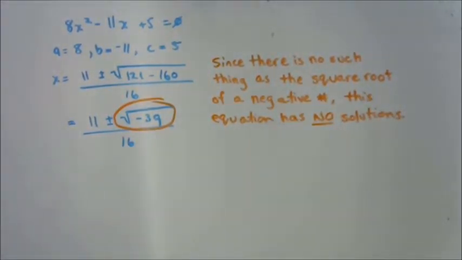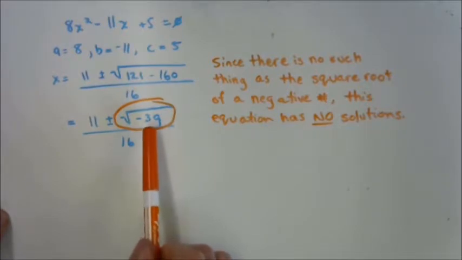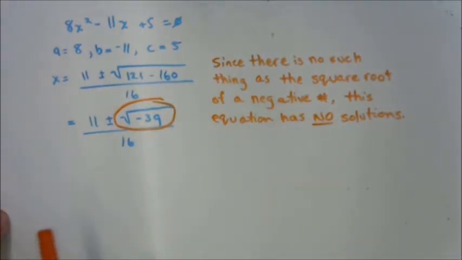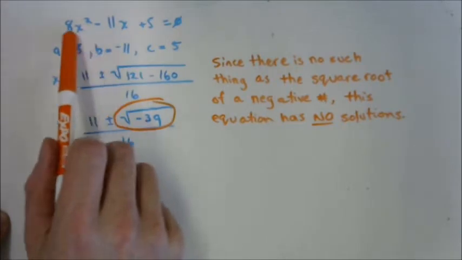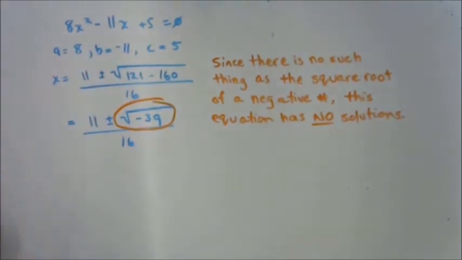Okay, so there's your trick. If you ever get a negative under the radical, no solutions. This function represented by this equation will never cross the x-axis.